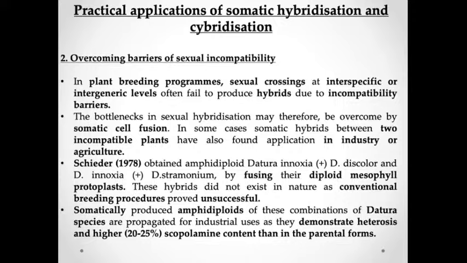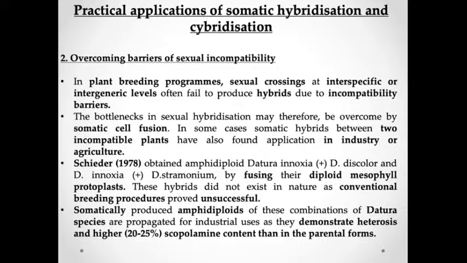What about overcoming barriers of sexual incompatibility? In plant breeding, sexual crossing at the interspecific or intergeneric level often fails to produce hybrids due to incompatibility. So sexual hybridization barriers may be overcome by somatic cell fusion. In some cases, somatic hybrids between two incompatible plants have also found application in industry or agriculture.